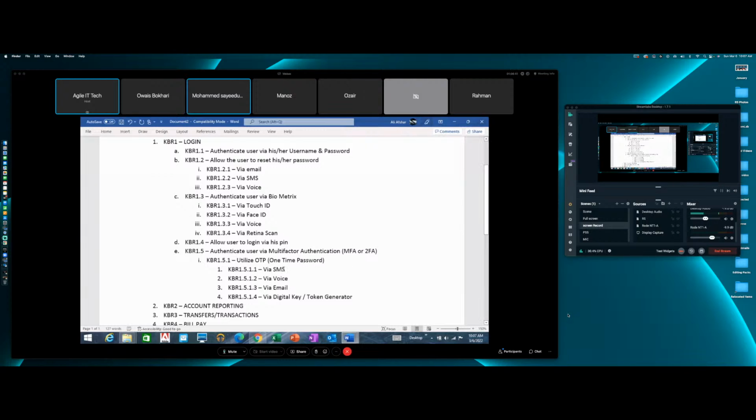Which can come through SMS, voice, email, or via a digital key token generator, right? Token generator can be another mobile app installed on your phone.